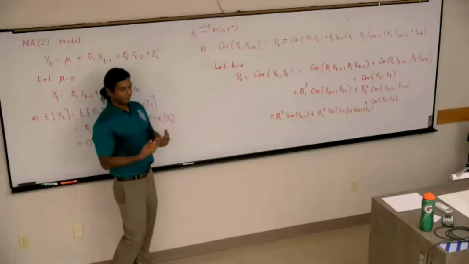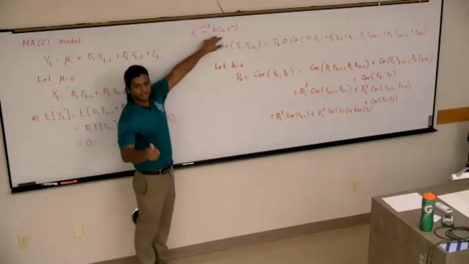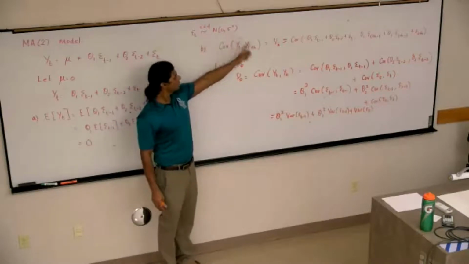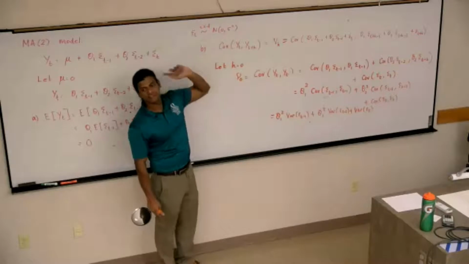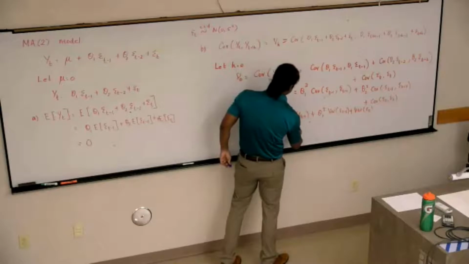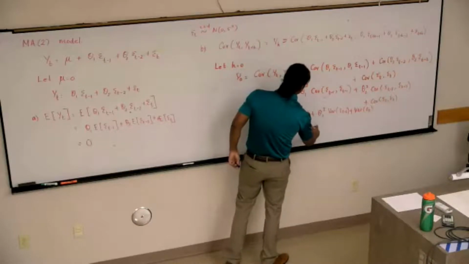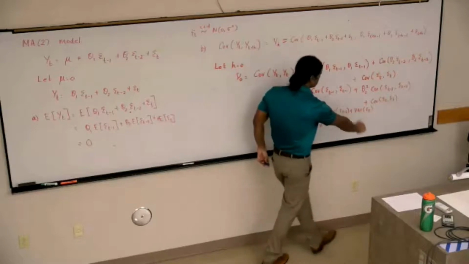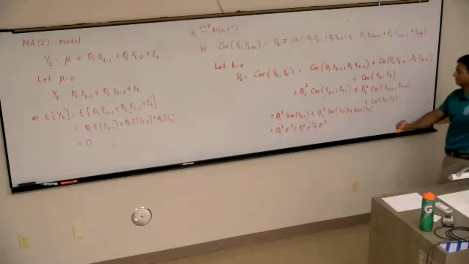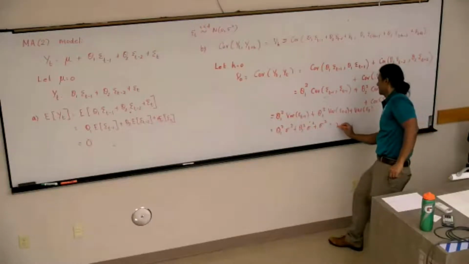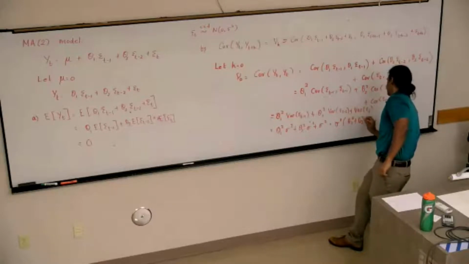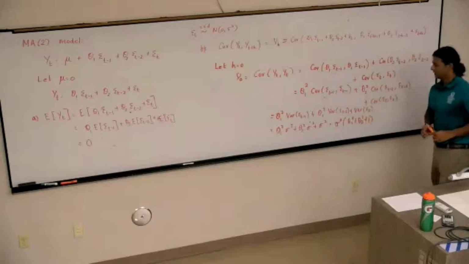Epsilon t is normally distributed and identically distributed, so for all time t's it has sigma squared as the variance. So theta 1 squared sigma squared, theta 2 squared sigma squared, plus sigma squared. What do they have in common? Sigma squared, so we'll have theta 1 squared plus theta 2 squared plus 1. That is gamma naught.